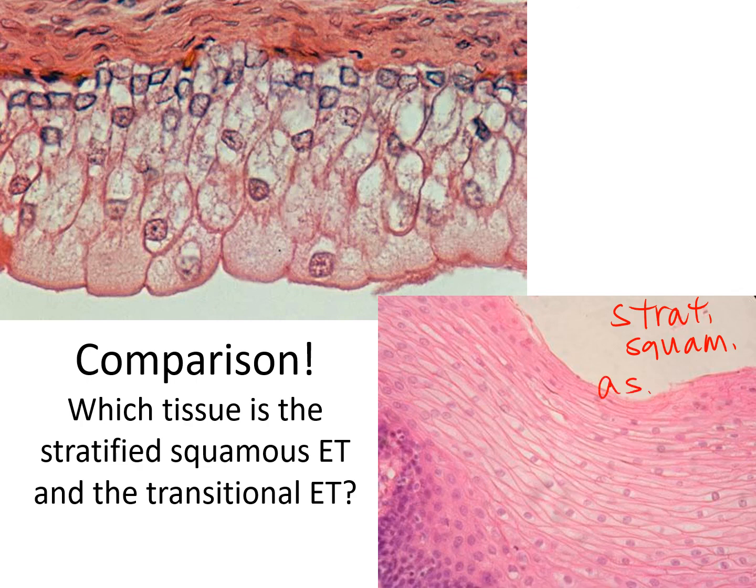That's where I'm going to look to get the truest cell shape. The picture on the top left here is transitional. And I'm looking at somewhat tear-shaped cells. They all do point at that basement membrane, which happens to flow right through there. And even the topmost cells are not flat in appearance. The nuclei are somewhat round on these transitional tissues, and of course, these are found only in the urinary system.